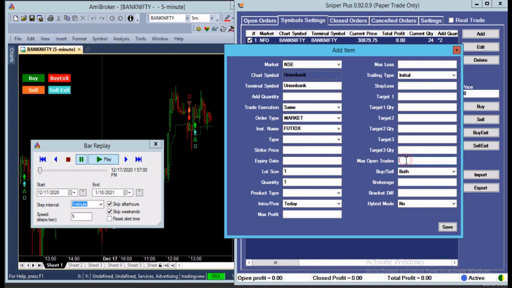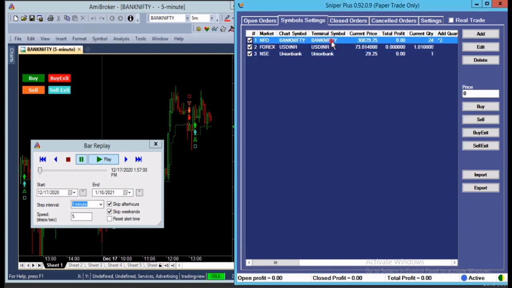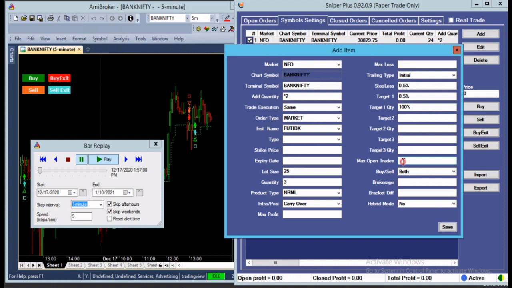Now here, maximum open trade is for only Bank Nifty. This maximum open trade is applicable for only Bank Nifty. Here we can take open orders for Bank Nifty, only 3 open orders, not more than that.